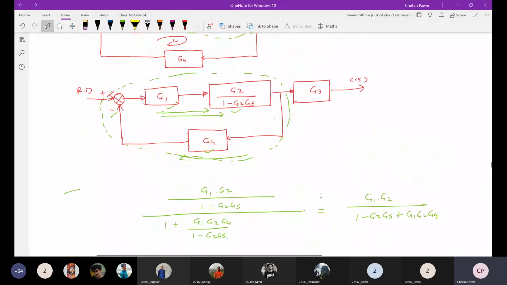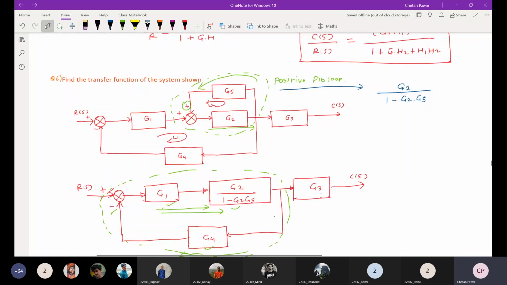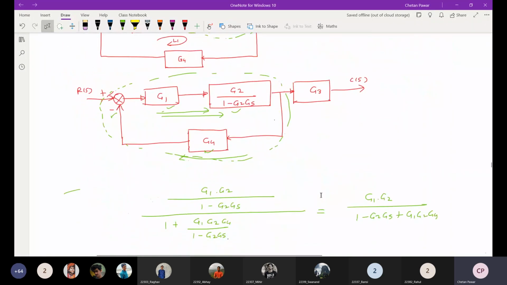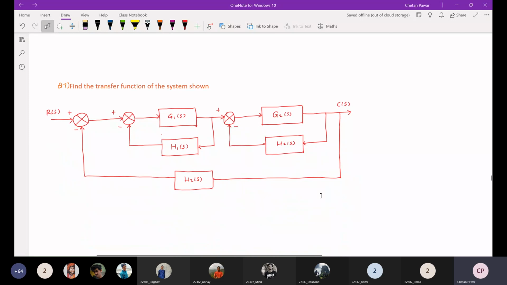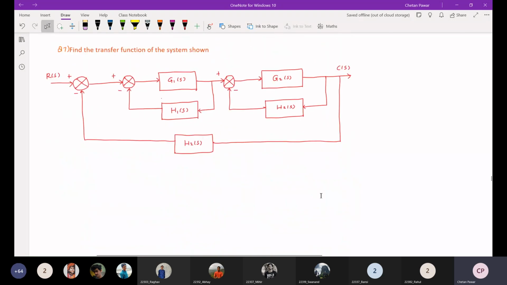So any doubt? I think no doubt is there. If any doubt is there, you can ask me. Okay, so let us move to the next problem. Now in this block, how many loops are there? 3. How many inner loops are there? 2.